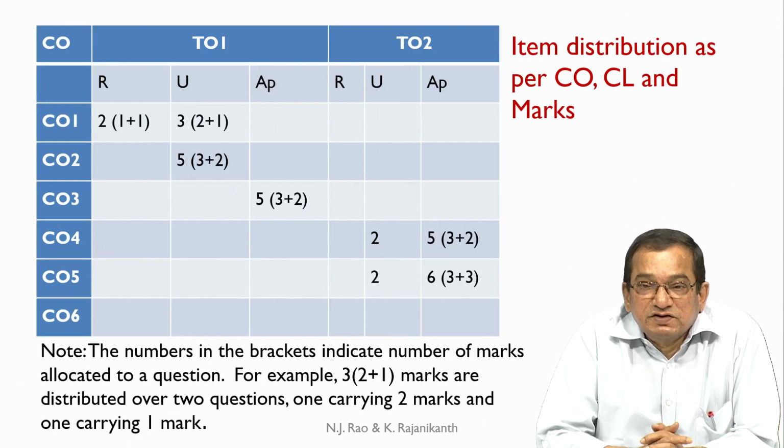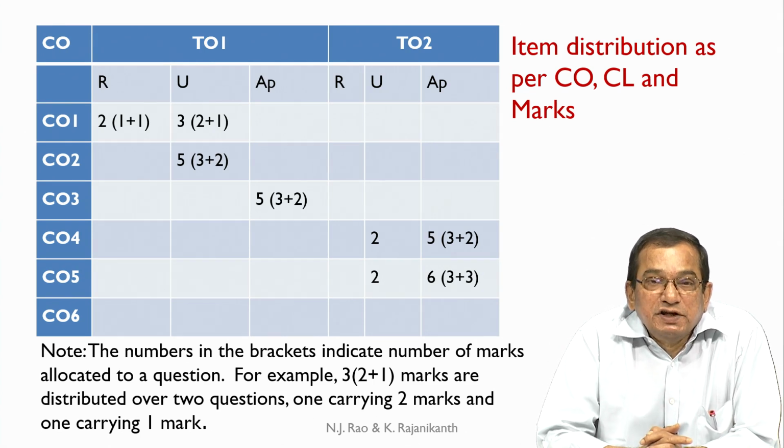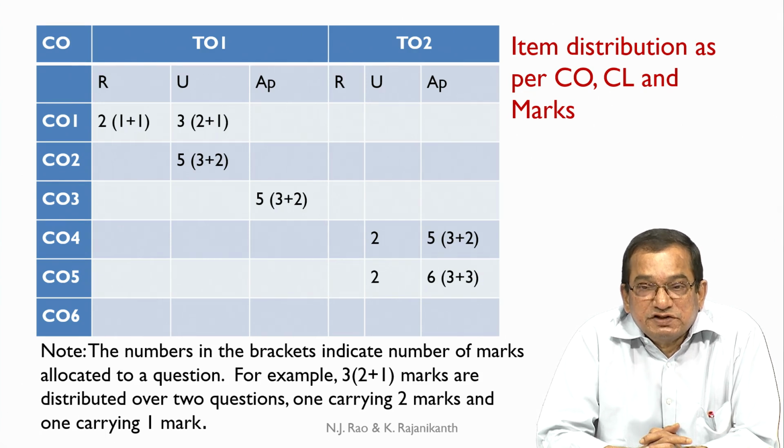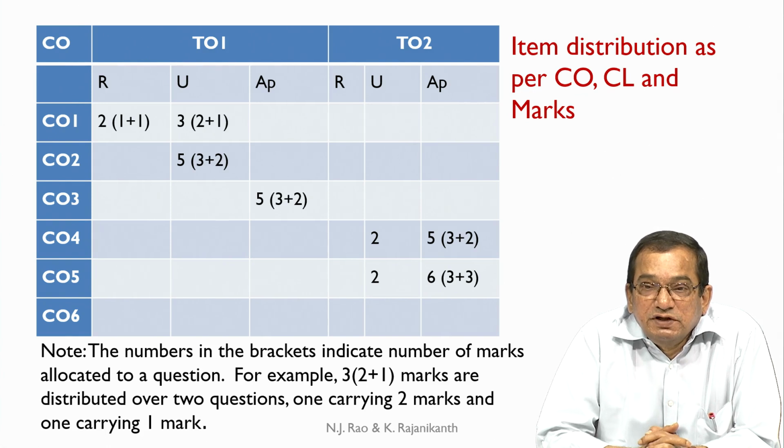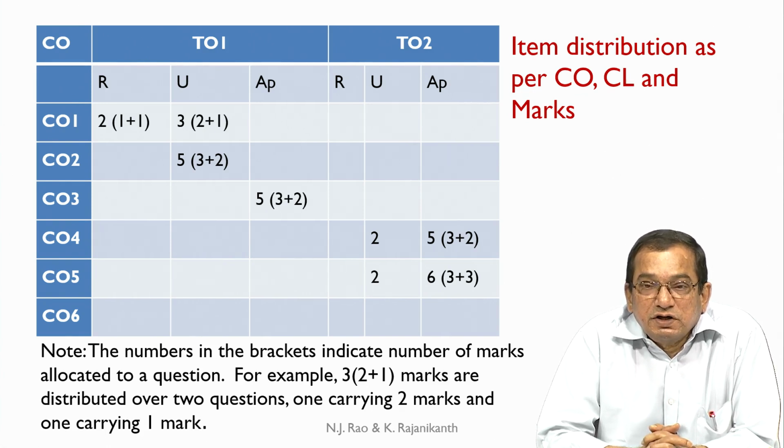So, we might decide that we would have 2 bits, 2 questions, 2 items, 1 mark each. So, in the table if you see, corresponding to CO1, corresponding to remember level, 2 marks are actually composed of 2 questions, each of 1 mark. This is absolutely the freedom and privilege of the instructor, but the instructor needs to decide on this upfront.